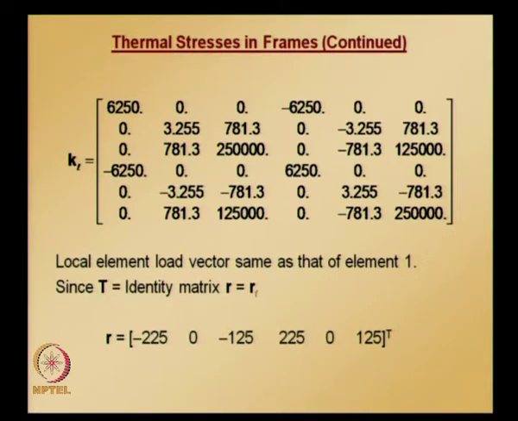Similarly, element load vector in the local coordinate system will be same as in the global coordinate system. So now we got all the information, and also note that in this node numbering for this problem, only node 2 is not constrained, node 1 and node 3 are constrained, and element 1 is assumed to go from node 1 to node 2 and element 2 to go from node 2 to node 3.